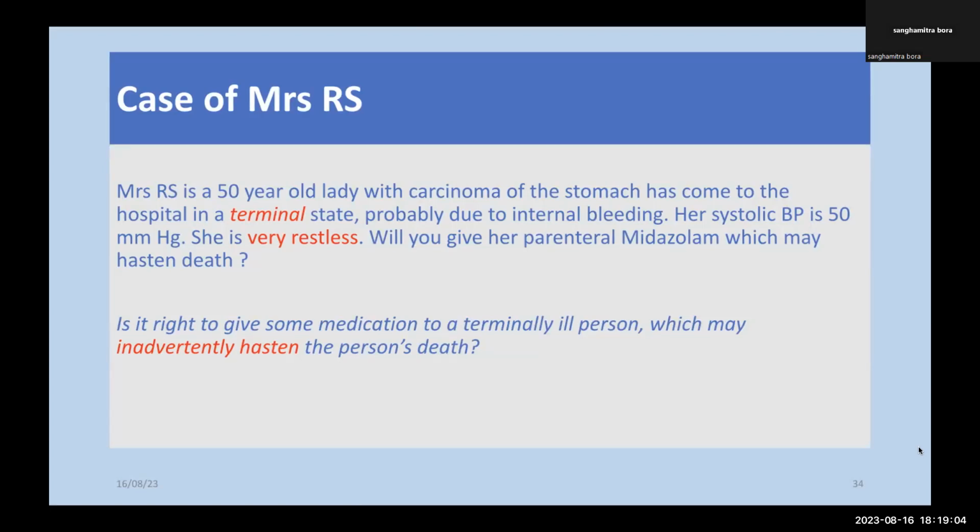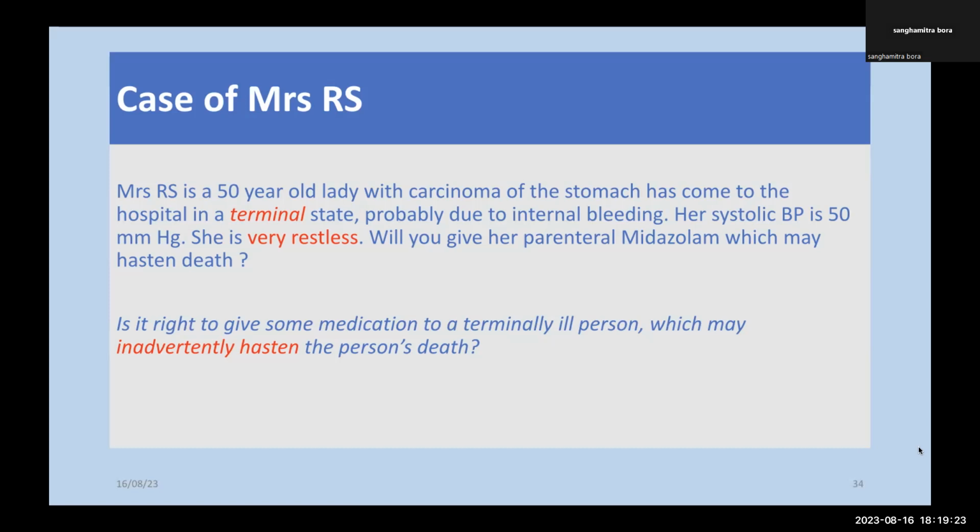For this particular patient, when we are using midazolam, we know that it has two effects. One would be completely taking care of the restlessness, and at the same time, the patient might also die at that point.